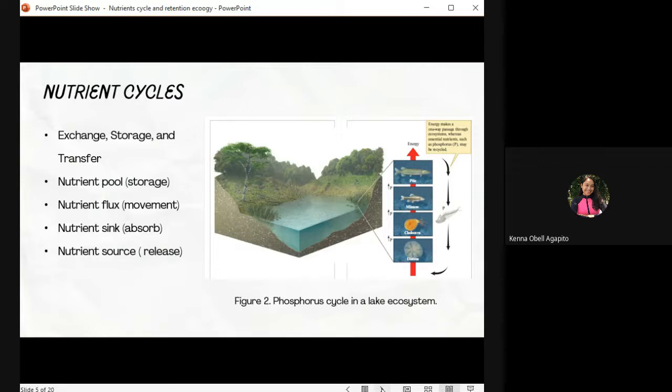For example, the phosphorus in the hypothetical lake in figure 2 could be lost to bottom sediments as an insoluble precipitate. Ecosystems may also gain nutrients from nutrient sources. Lastly, a nutrient source is a portion of the biosphere where a particular nutrient is released faster than it is absorbed.